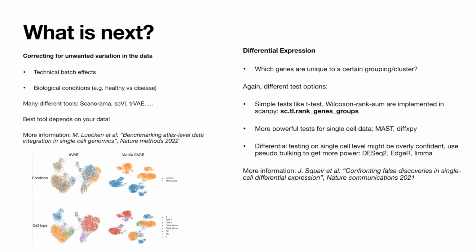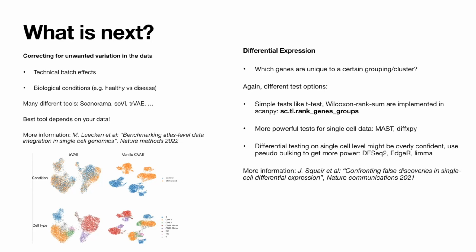Pseudo bulking means you may, for example, average the gene expression per cell cluster, and then you can use traditional methods developed for bulk omics data, like DESeq2 or edgeR, or all of these types of algorithms. I'm also showing you a paper where this phenomenon is described.